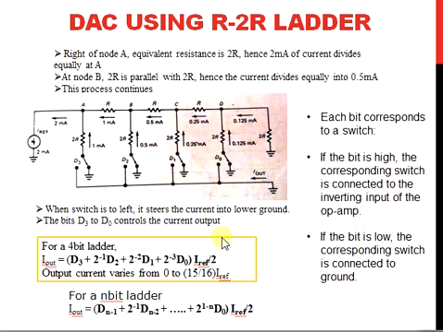So these will be the output values depending on whether D3 is high, D2 is low, and so on. If D3 is 1 and all other terminals are 0, the current will be I reference by 2, that is 1 milliampere. So this is how we design the R-2R ladder network.